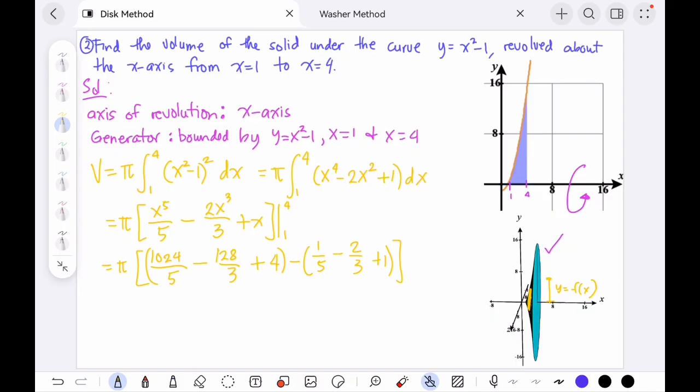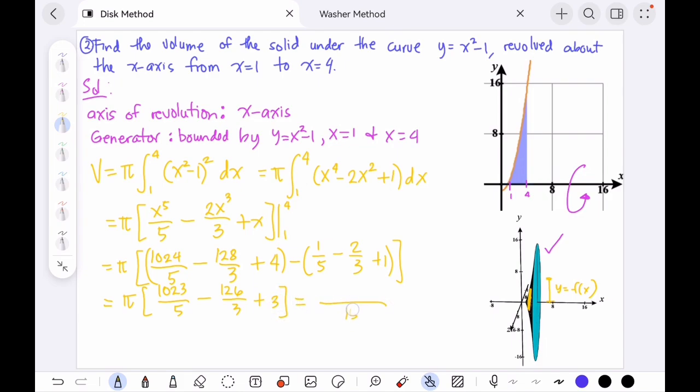So combining, we get 1023 over 5 minus 126 over 3 plus 3.